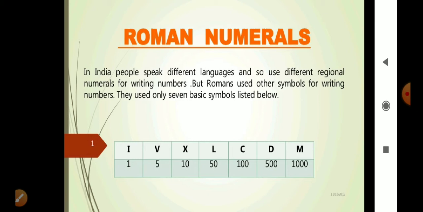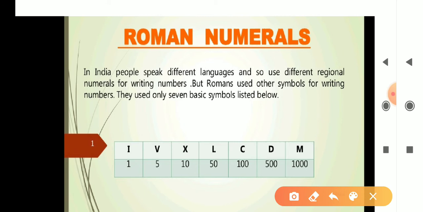They used only 7 basic symbols listed below. We learned these symbols yesterday. I equals 1, V equals 5, X equals 10, L equals 50, C equals 100, D equals 500 and M equals 1000.